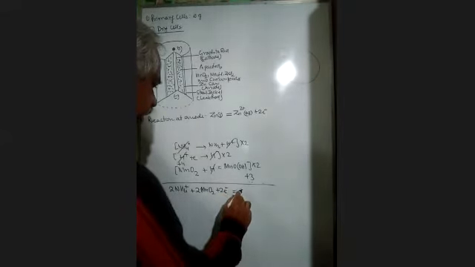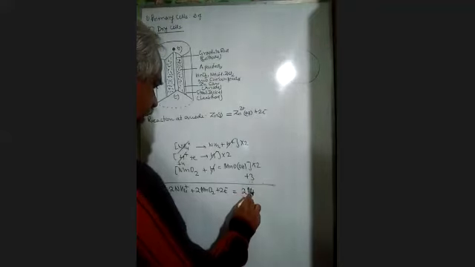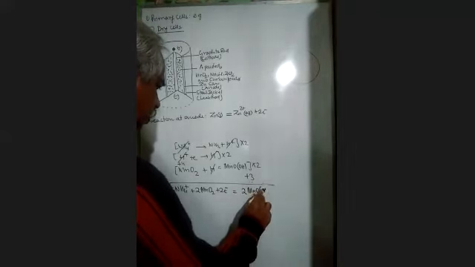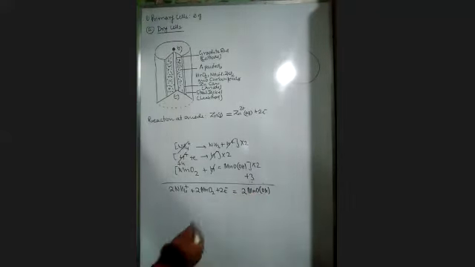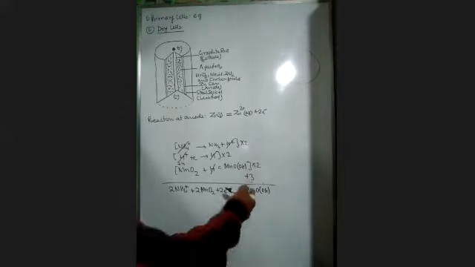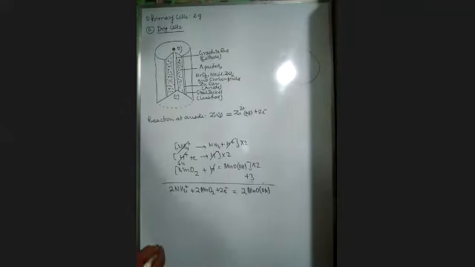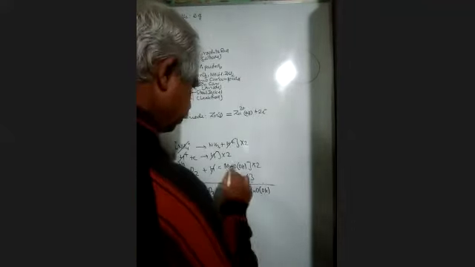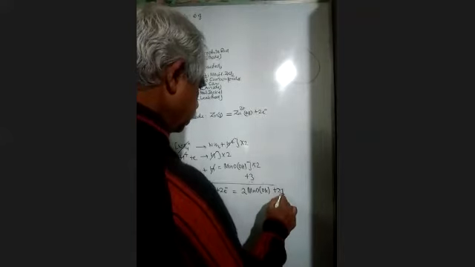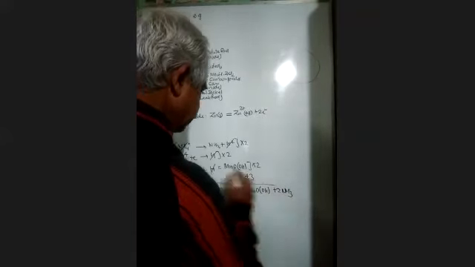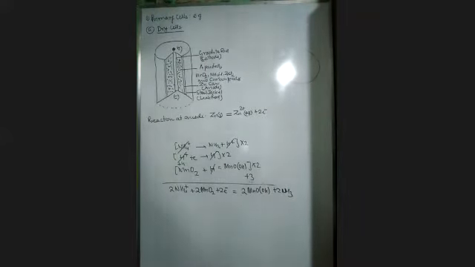Then what should I write here? 2 MnO(OH). What is the name of this one? Don't get scared. Hydroxy manganese oxide. Okay? Plus 2 NH3. So this will be written separately.